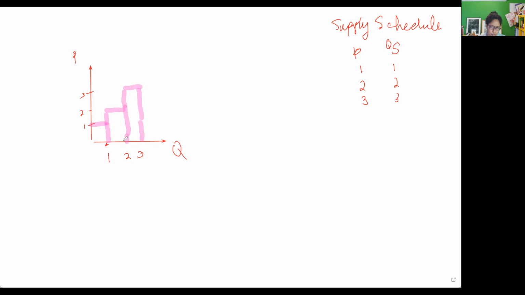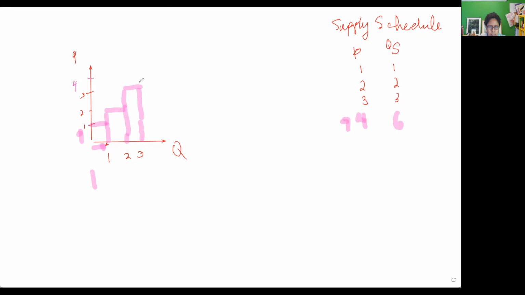So what's the cost for the first unit? It's 1 times 1. Let's assume that I need to be paid $4 for the next 3 units. So that my total quantity supplied would be 6, but I'm willing to provide that at 4. Okay, so let me make this.